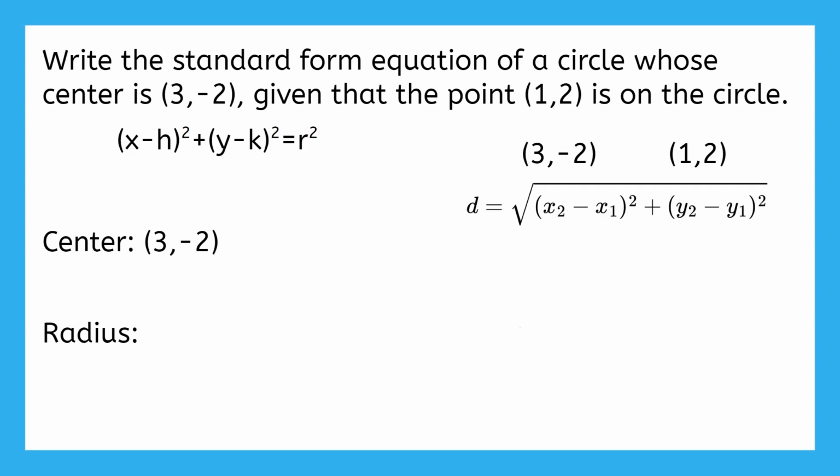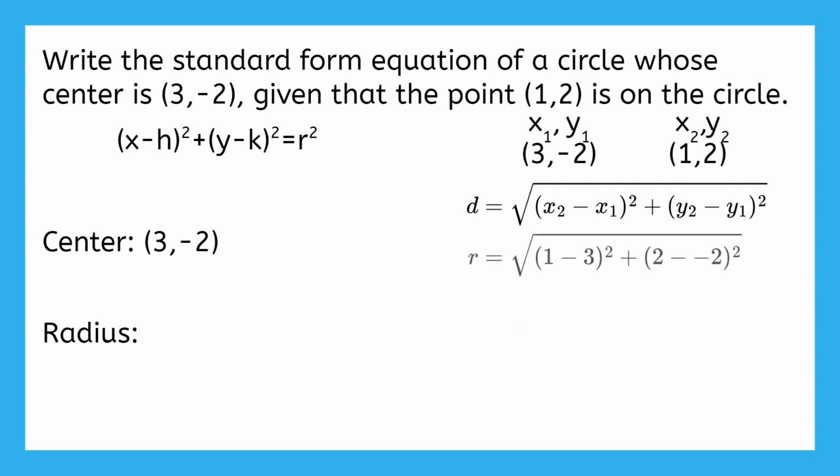For my distance formula, I used 3, -2 as x1 and y1, and 1, 2 as x2 and y2. If you substituted them in the opposite way, that is totally okay, and you will still get the same answer as me. I also clarified in my equation that this distance represents r, the radius. Now, I can simplify as much as possible.